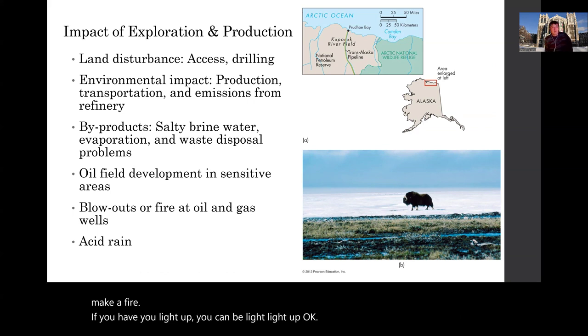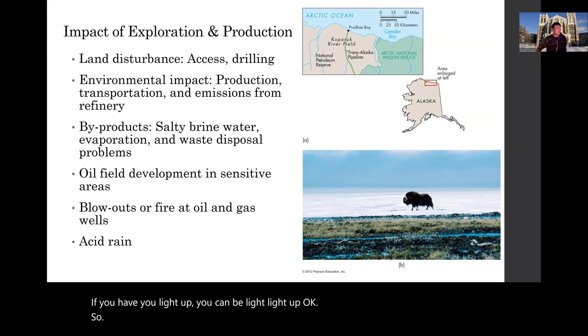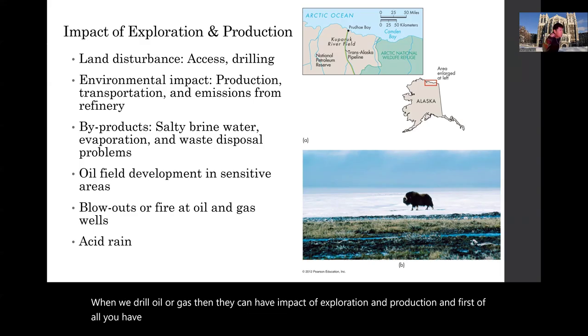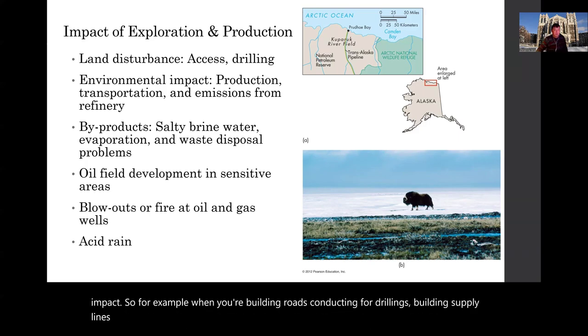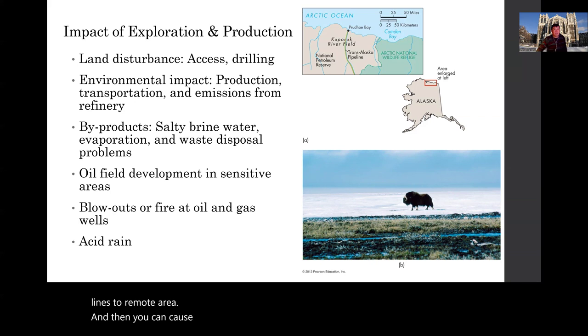Okay. So when we drill oil or gas, there can be impacts of exploration and production. First of all, you have land disturbance, access and drilling, and environmental impact. For example, building roads, conducting flow gratings, and building supply lines to a remote area can cause impact.